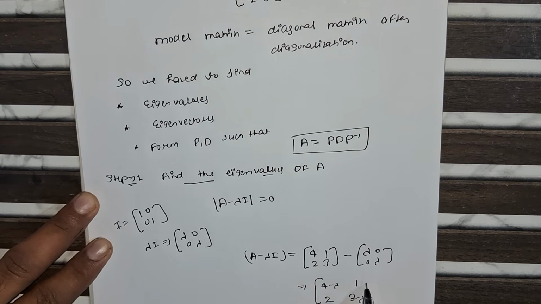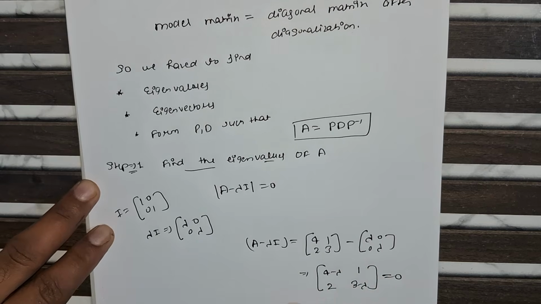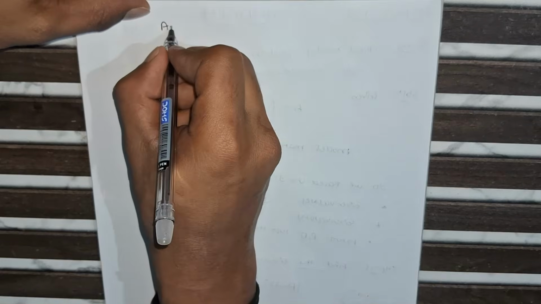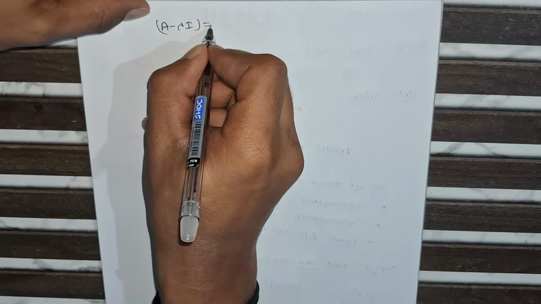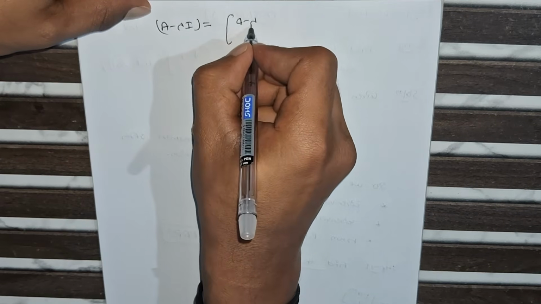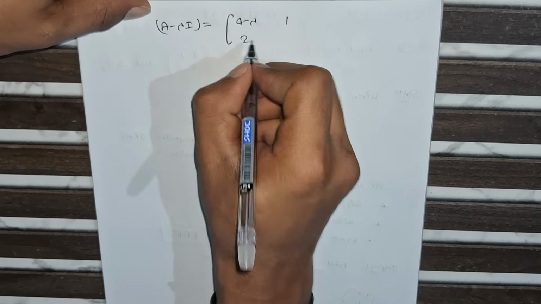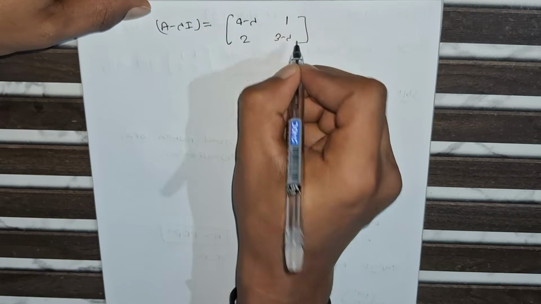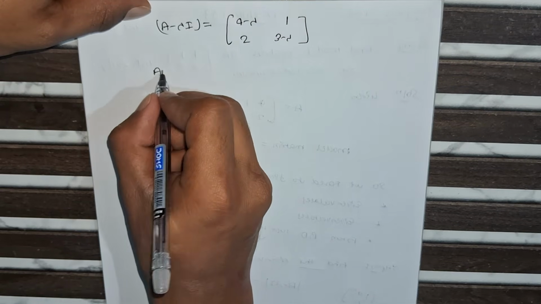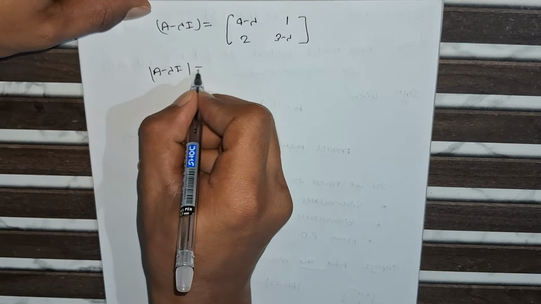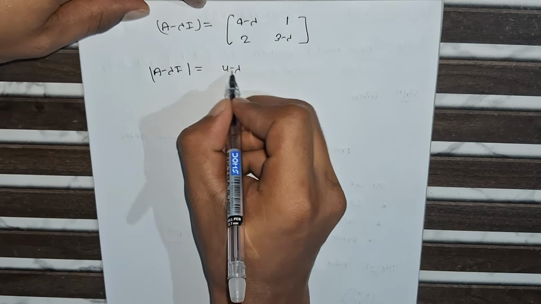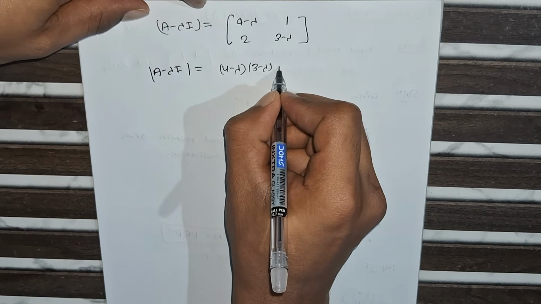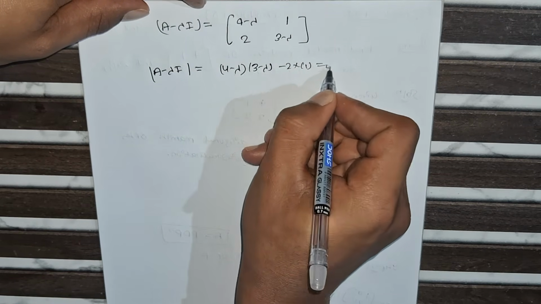So A minus lambda I equals [4 minus lambda, 1; 2, 3 minus lambda]. Now we have to take the determinant. So the determinant of A minus lambda I equals (4 minus lambda)(3 minus lambda) minus 2 into 1, which equals 0.